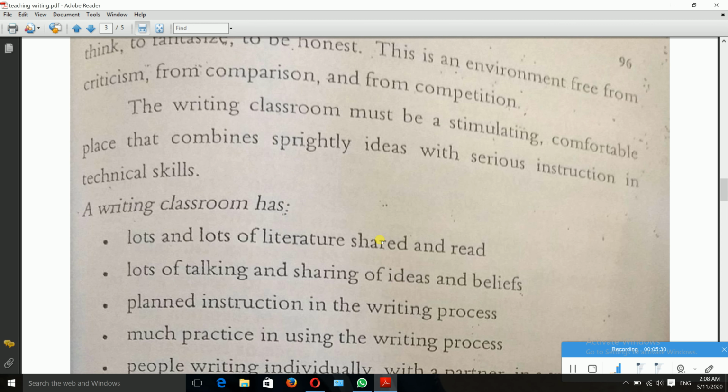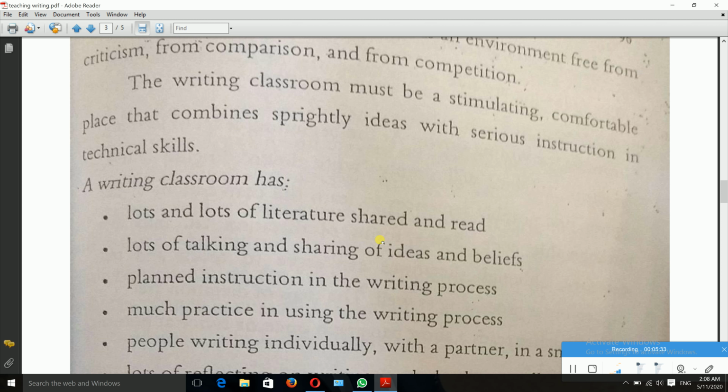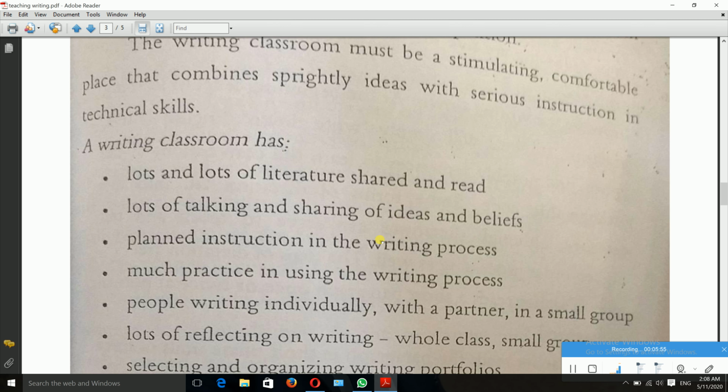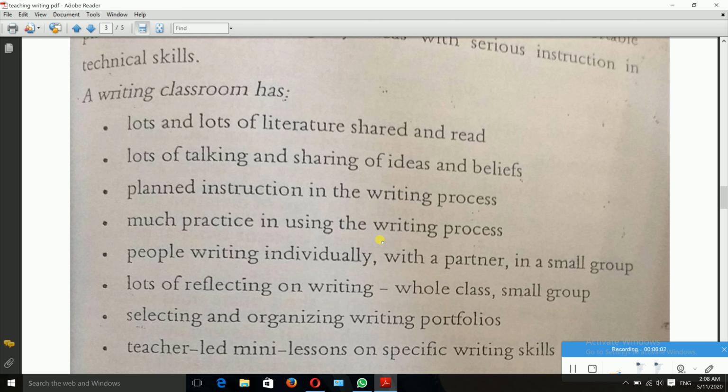A writing classroom has، يعني الصف الذي توفر فيه إمكانية الكتابة، يجب أن يحوي على الصفات التالية: lots and lots of literature shared and read. نعم، الكثير من الأدب أو النصوص أو المواضيع المطروقة والمقروءة. Lots of talking and sharing of ideas and beliefs. يجب أن يكون هناك اشتراك يعني بالكلام ومشاركة بالأفكار والاعتقادات.